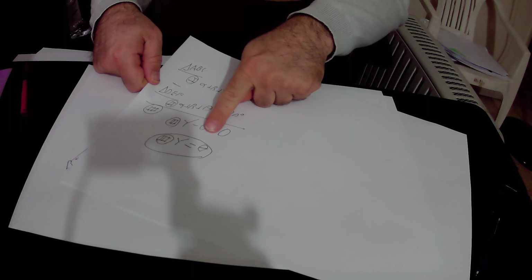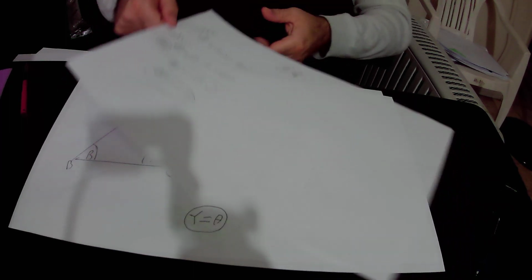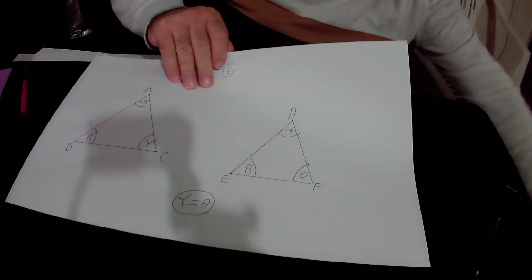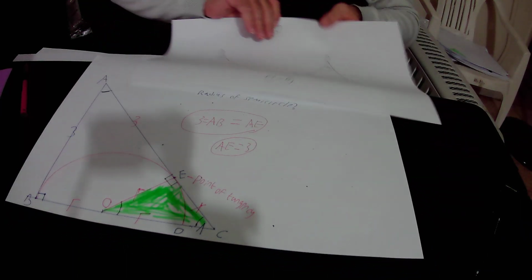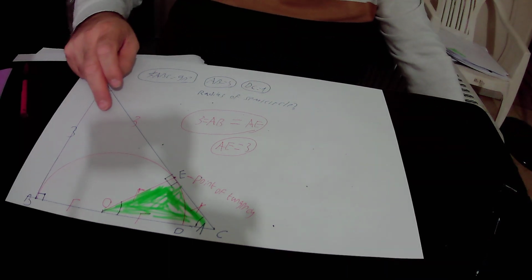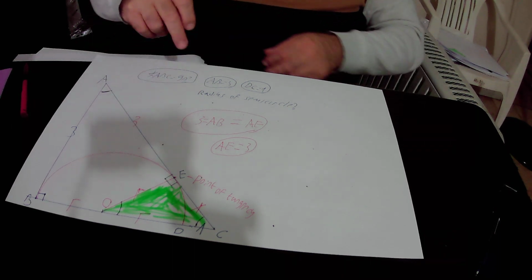Okay, so we proved that the third angle theorem is true. And we will return to our original drawing. So we proved that all three angles of triangle ABC are congruent to all three angles of the green triangle, triangle EOC.